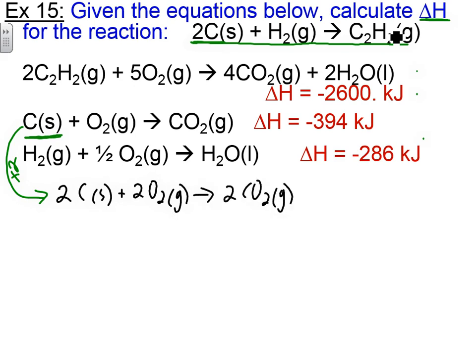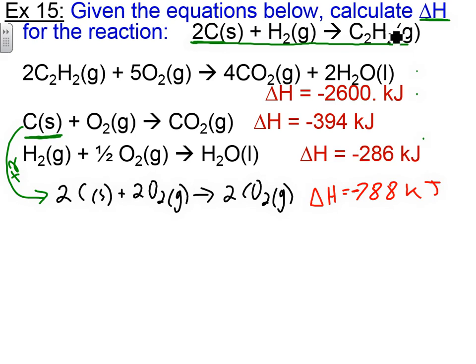So my delta H will now be, if it were 400, I'd be 800 minus 12, so 788 kilojoules. Now this is negative, make sure you keep the sign still, negative. So notice I doubled it, so I get to double my delta H. So we can cancel out this reaction.